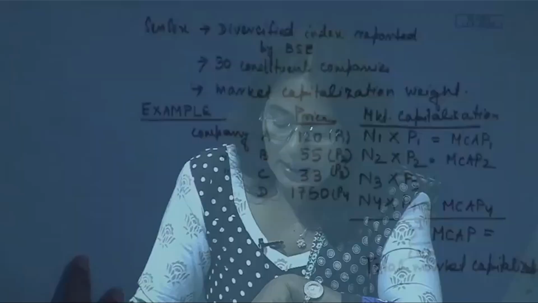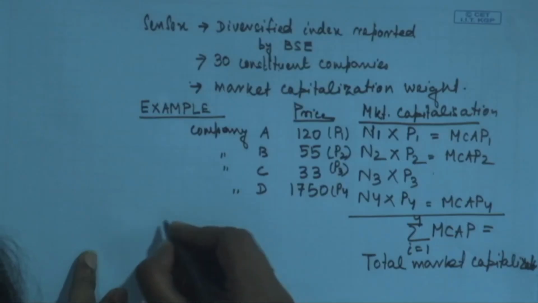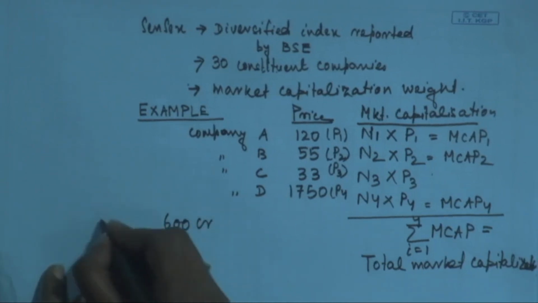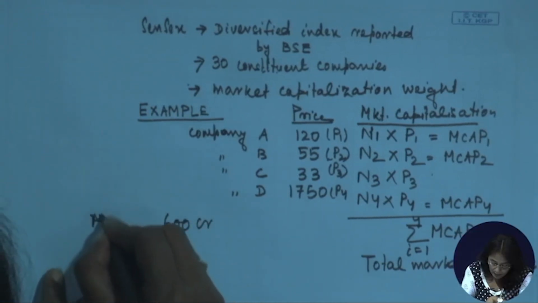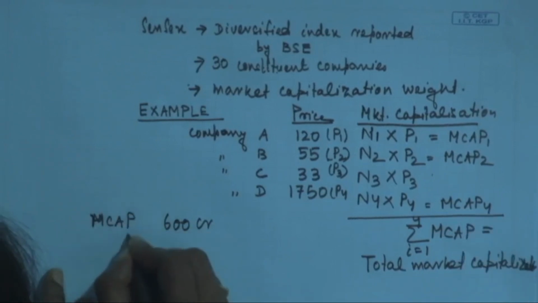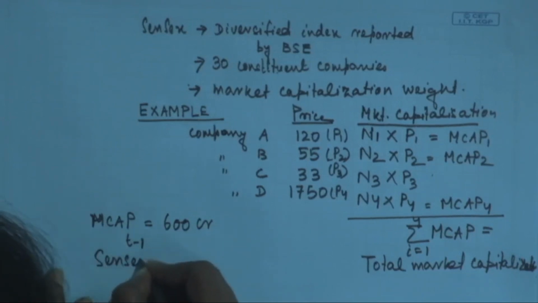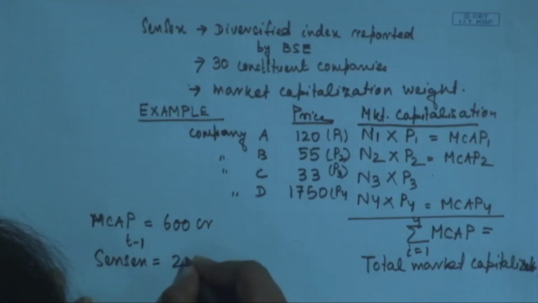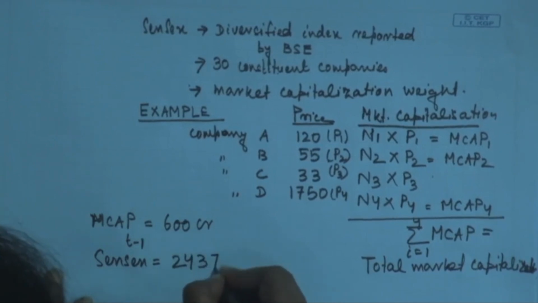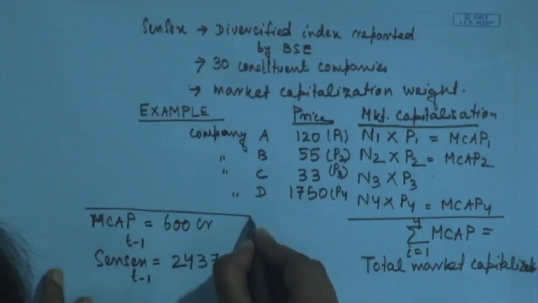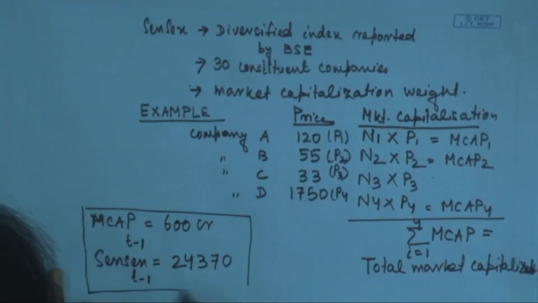Now how do we then get to know what the index value is? Let's say yesterday's total market capitalization was 600 crore. So yesterday's M cap, at T minus 1, is 600 crore, and the Sensex value was around 24,370. So this is the Sensex value of yesterday with yesterday's market capitalization.